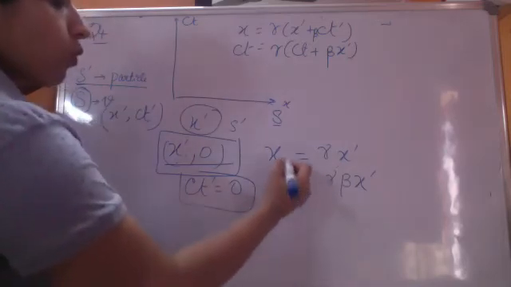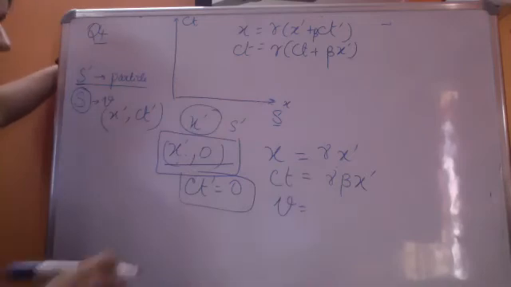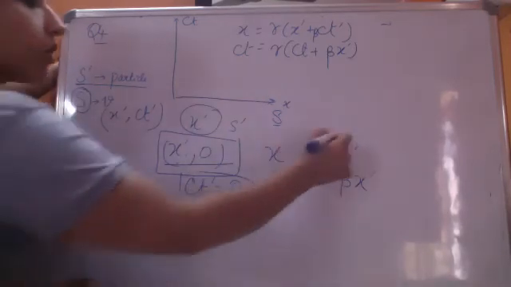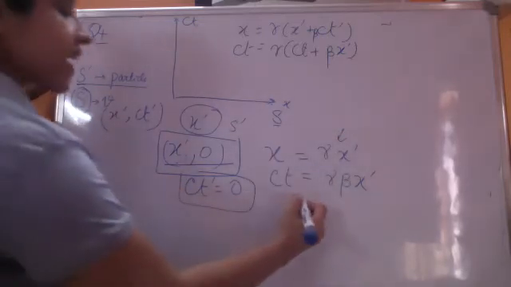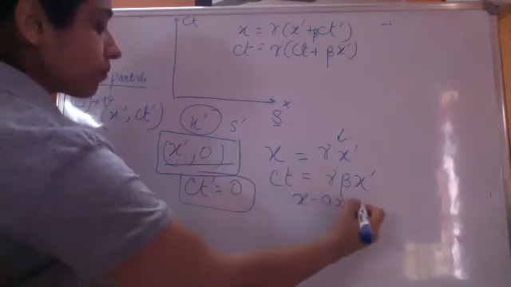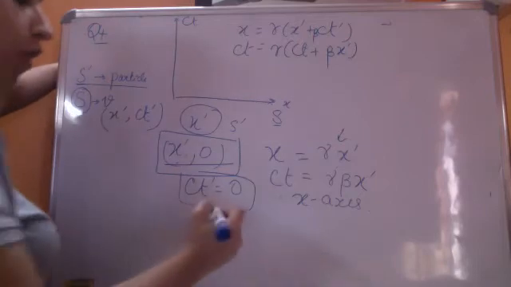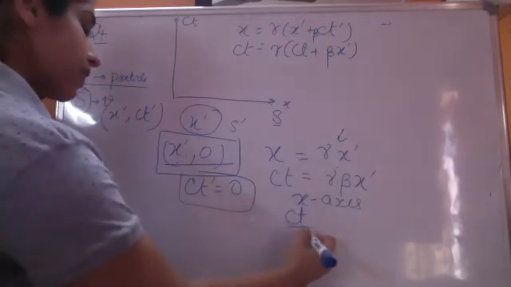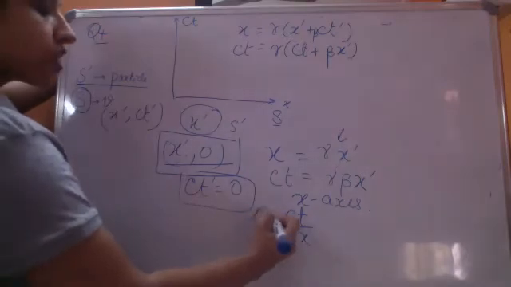Now, what would be the slope of the world line of the particle with respect to the x-axis? The slope of the world line with respect to the x-axis should be the velocity of the particle.